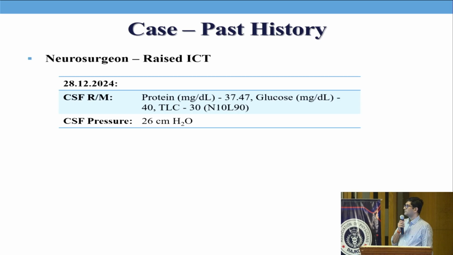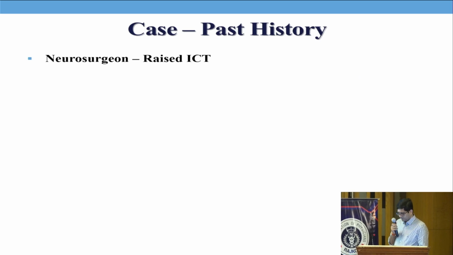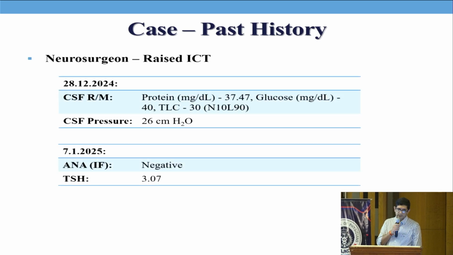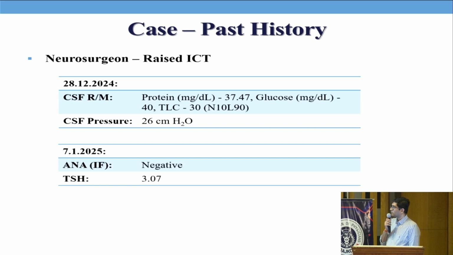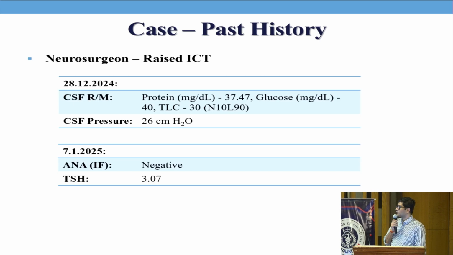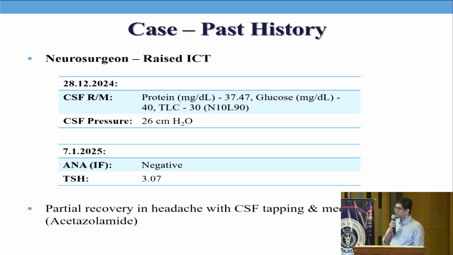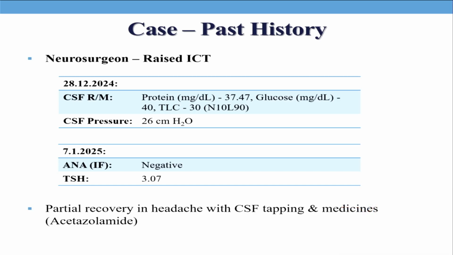She was investigated and her ANA and TSH were done. Other routine tests, CBC, SGPT, creatinine, were normal. Trace proteinuria was there, trace or 1+, so ANA was sent and ANA was negative. TSH was normal. She was started on acetazolamide and she had partial response.